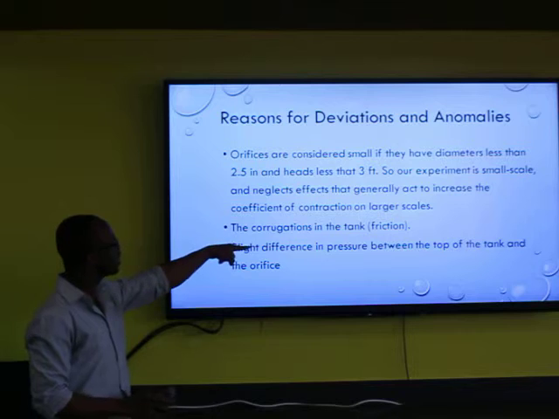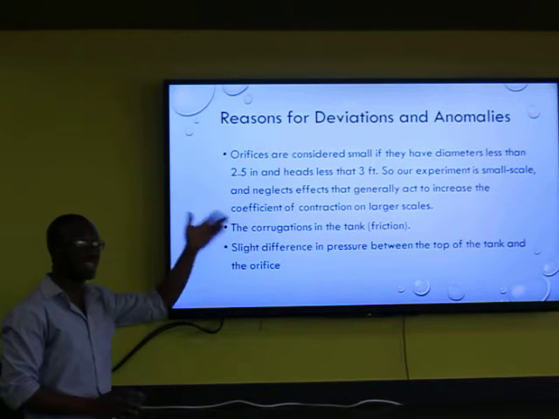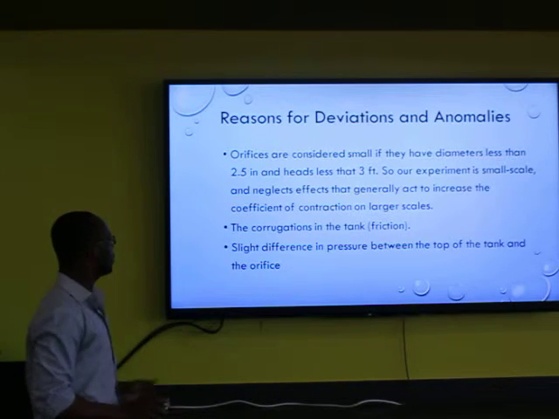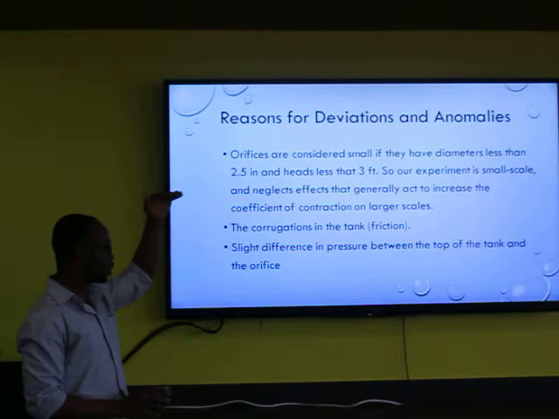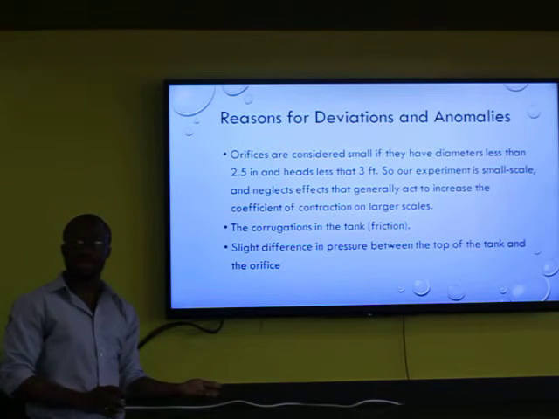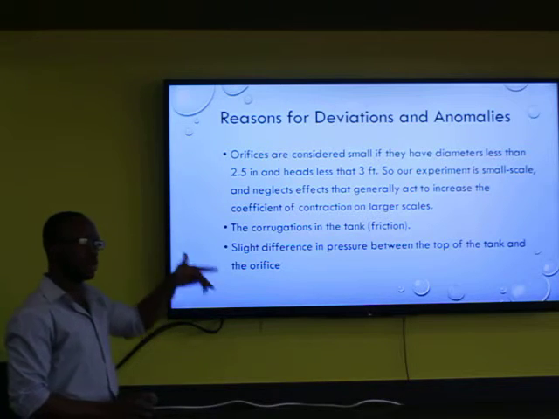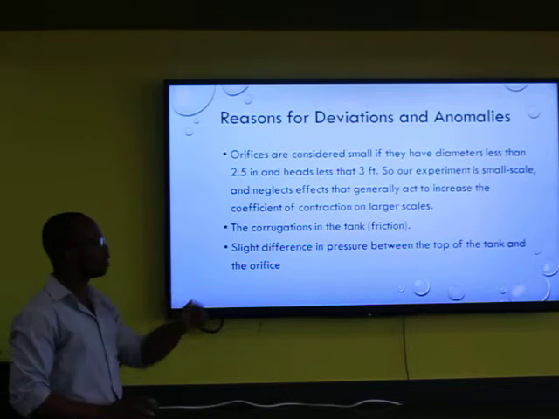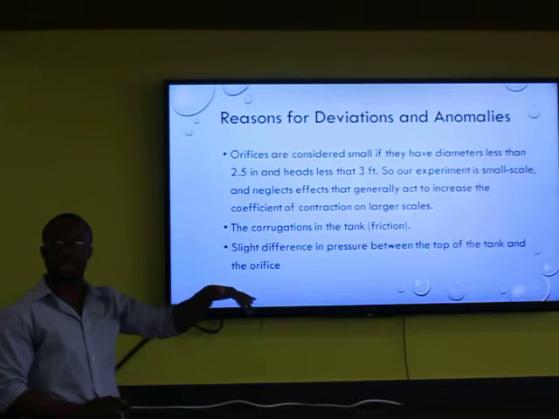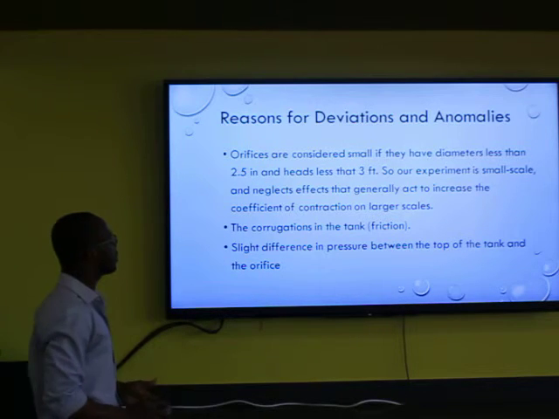Also the corrugation in the tank is a frictional loss and a major head loss, which will account for deviations too. The difference between the pressure at the top of the tank and at the bottom will affect our results a lot. And finally, the uncertainties associated with the measurements, like the dimensions of the tank, will affect our results too.